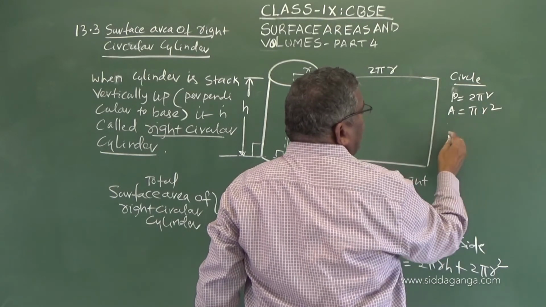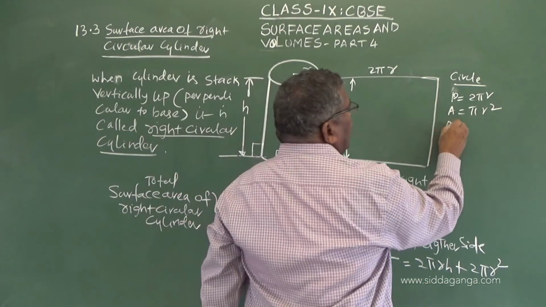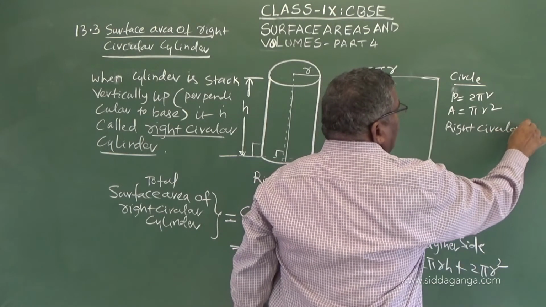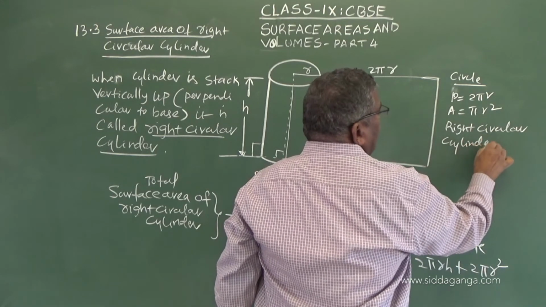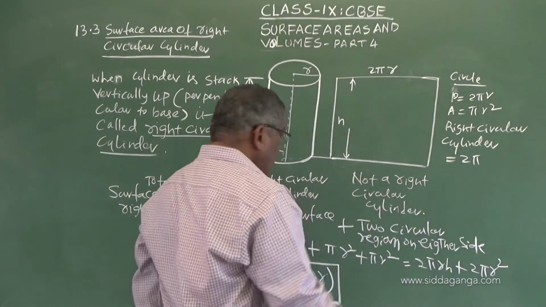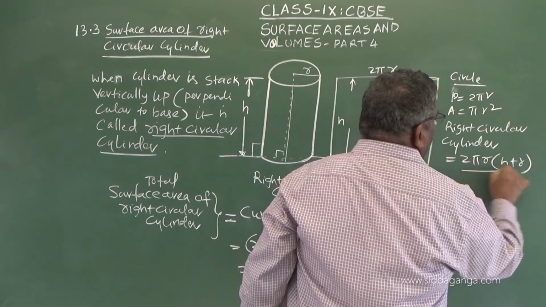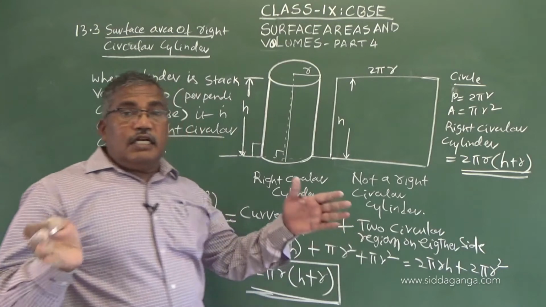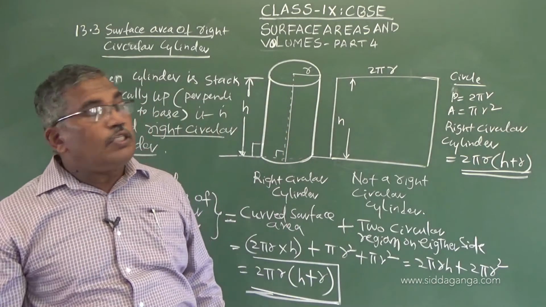The surface area of a right circular cylinder equals 2 pi r into h plus r. Remember, this includes both the end circles also. 2 pi r into h plus r.